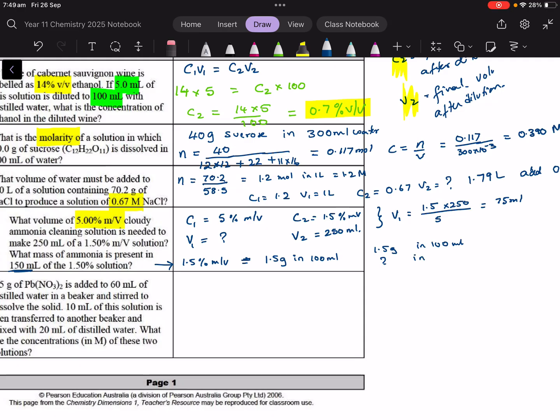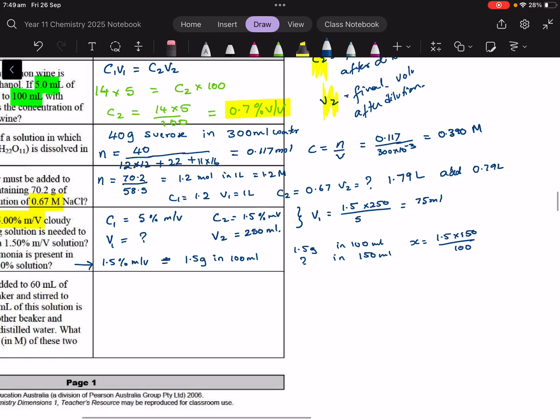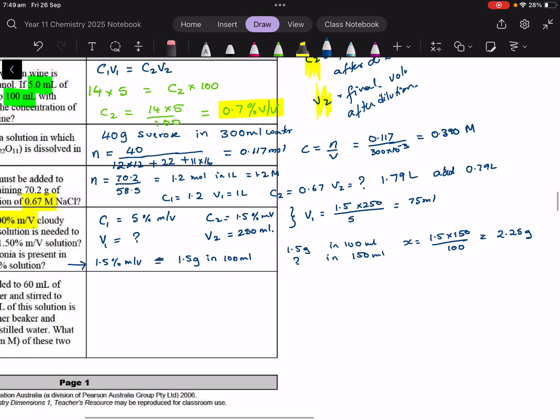So how many grams in 150 mil? So you could just cross multiply and equate and find out the x. X is equal to 1.5 multiplied by 150 divided by 100, which gives you a mass of 2.25 grams. Right? So basically, laying out your calculations like this always helps to work out the unknown, and cross multiply and equate to find out the unknown.